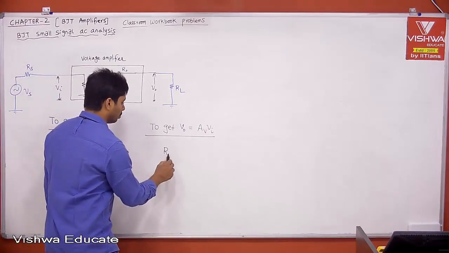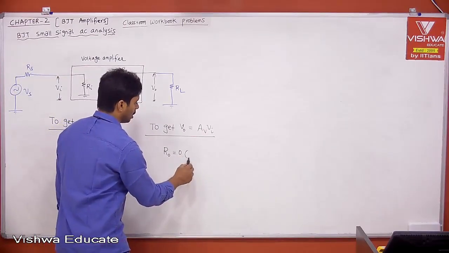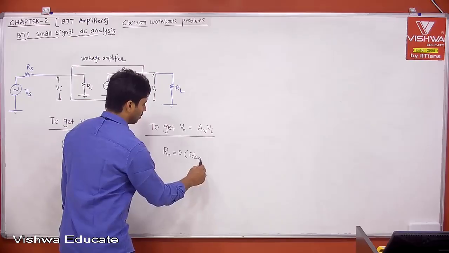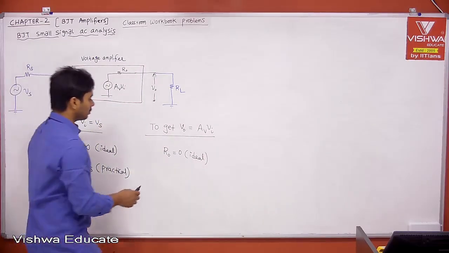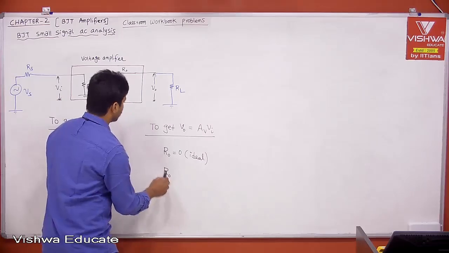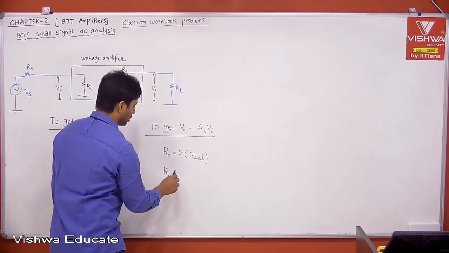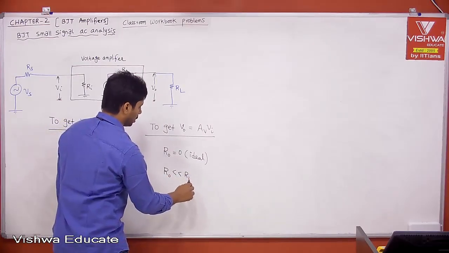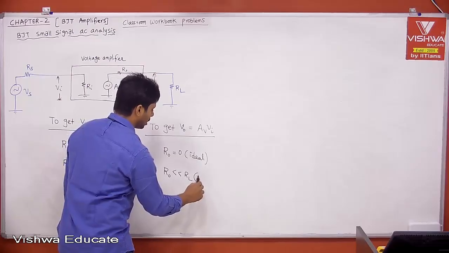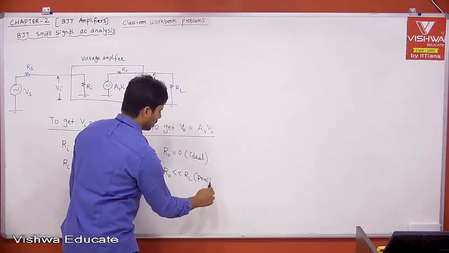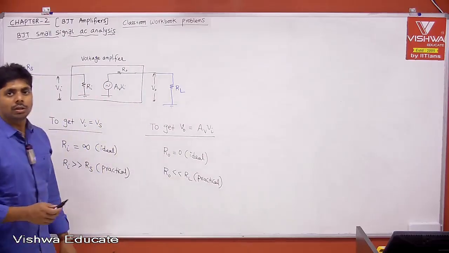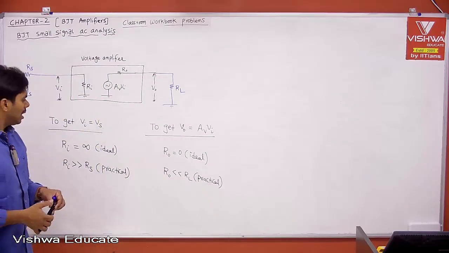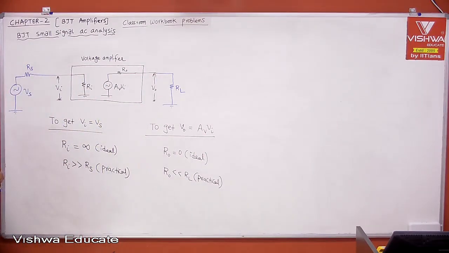Therefore R0 should be 0. This is the ideal scenario. Practically R0 should be very much less than RL. If R0 is very much less than RL, then you can consider that it has good output impedance matching. I already explained this point.